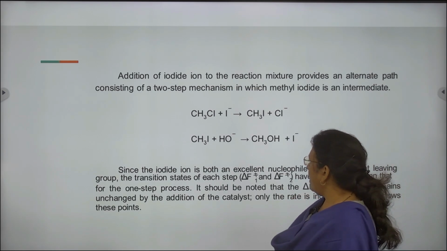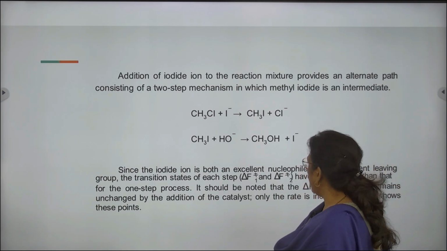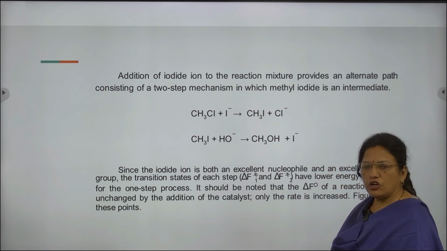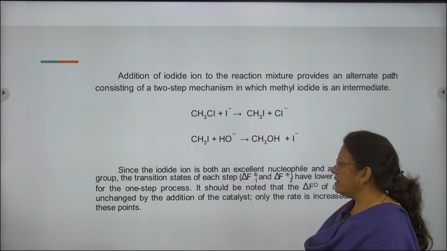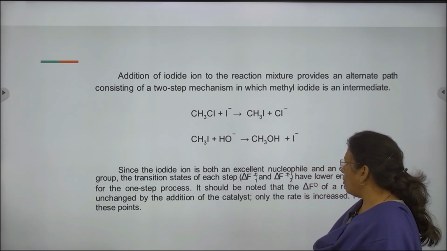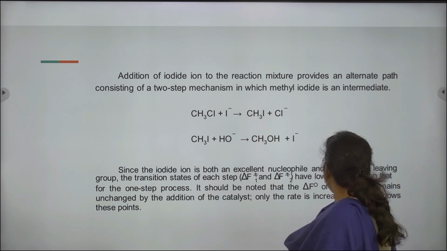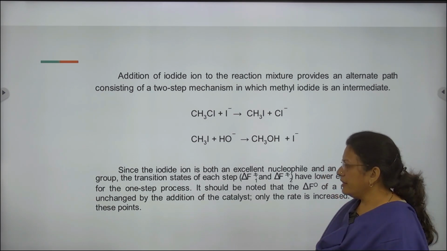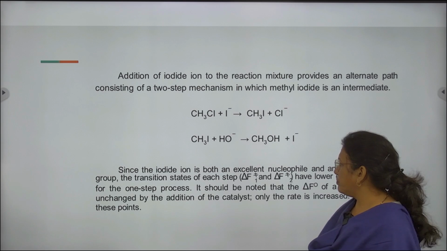Since the iodide ion is both an excellent nucleophile and an excellent leaving group, the transition states of each step are lower in energy than that of the one-step process.